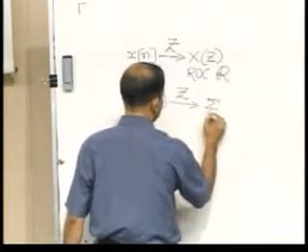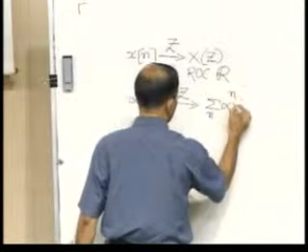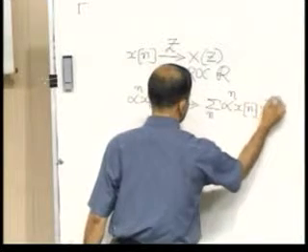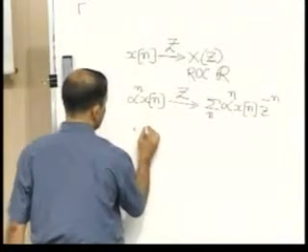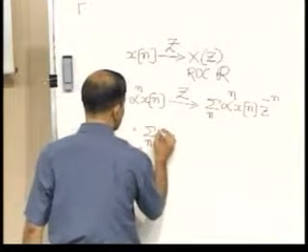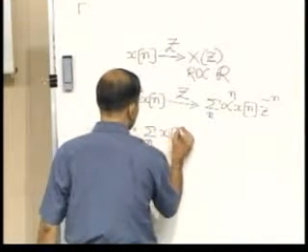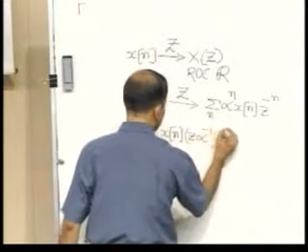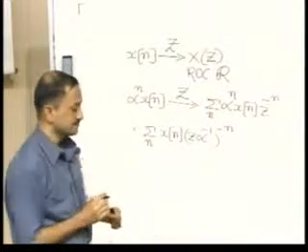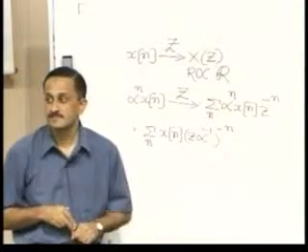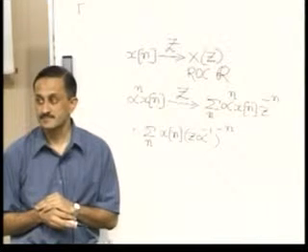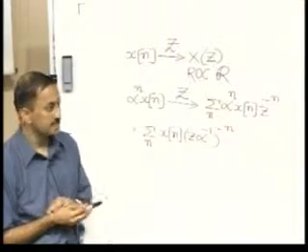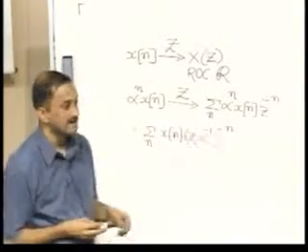Summation on n alpha raised to the power of n x n z raised to the power minus n, which can be rewritten as summation on n x n into z alpha inverse raised to the power minus n.